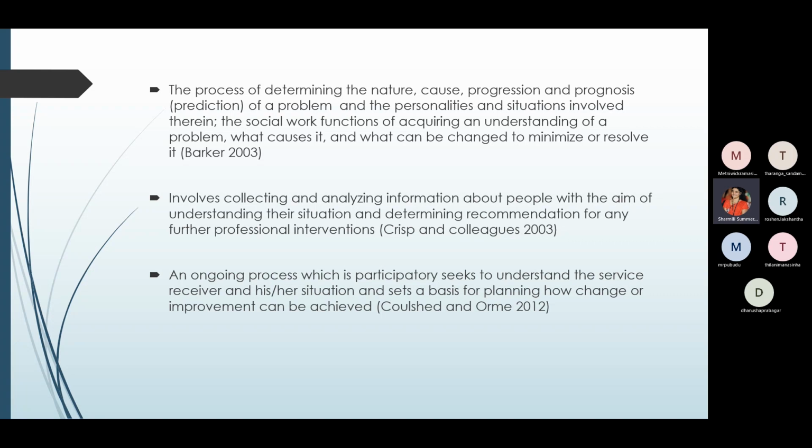So in addition to the physical things, we can also consider the social activities, that means the environmental factors, in order to understand how the problem is caused and what changes could occur to minimize or resolve the problem. This is stated by Barker.